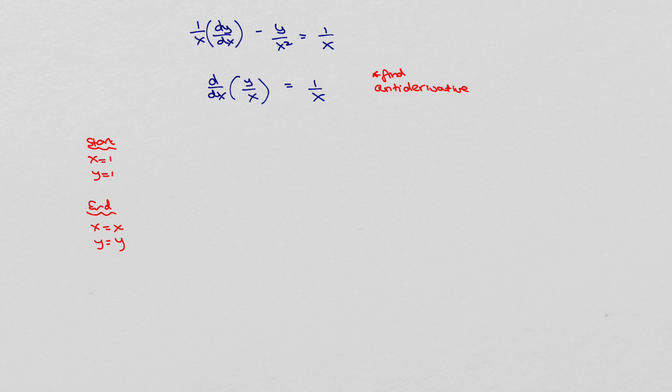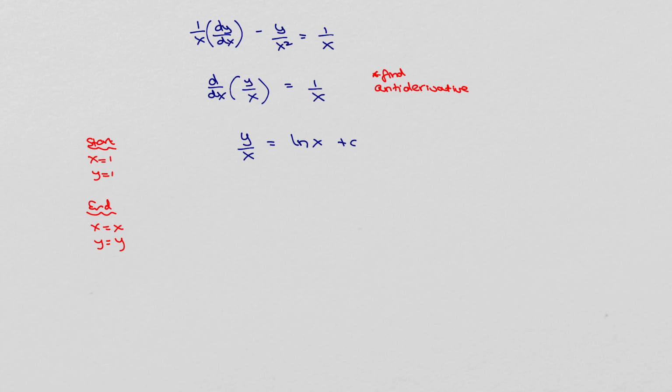Sorry, actually, if we're doing antiderivative, we'll be using our c. Our antiderivative of that is y over x, and our antiderivative of 1 over x is natural log of x plus c.